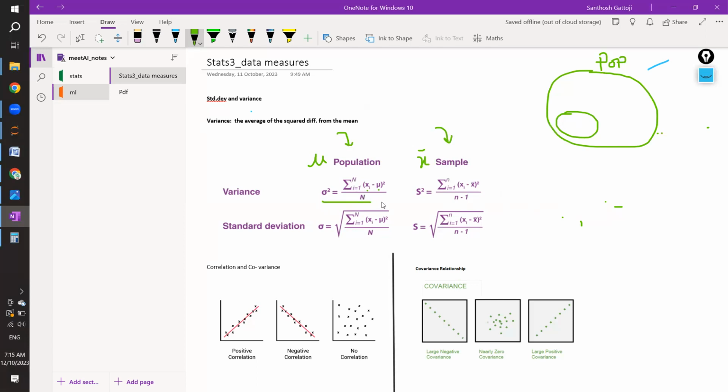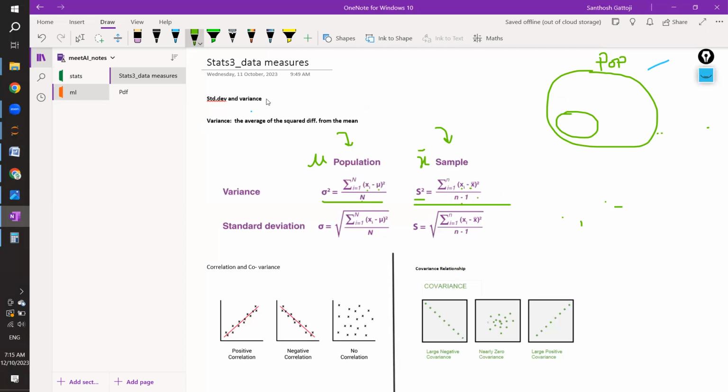The concept is the same. If it is a sample, you represent it by s square, and xi, each point minus its mean, x bar, whole square, repeating from 1 to small n because it's a sample, divided by n minus 1, total number of points minus 1. The concept and formula are exactly the same, but the only difference is here it is n, and here it will be n minus 1.